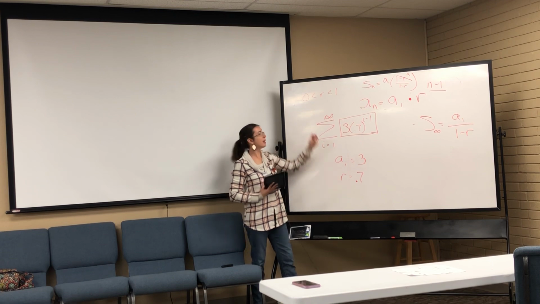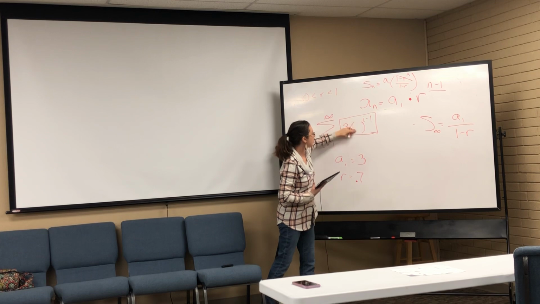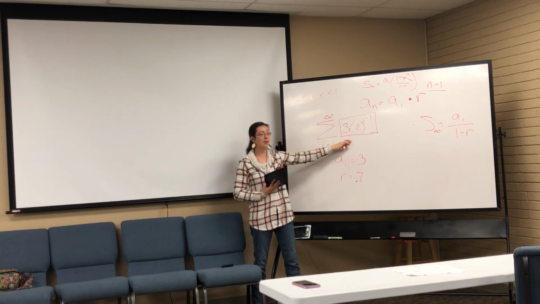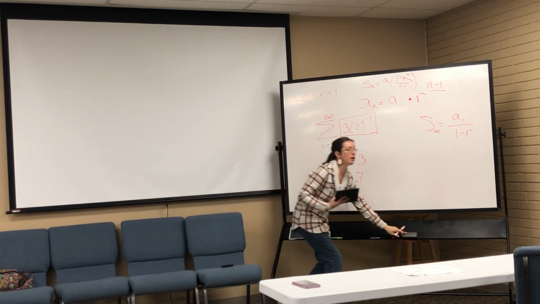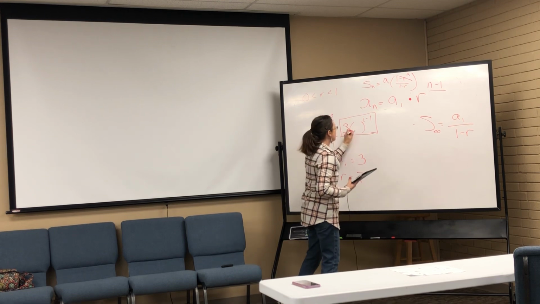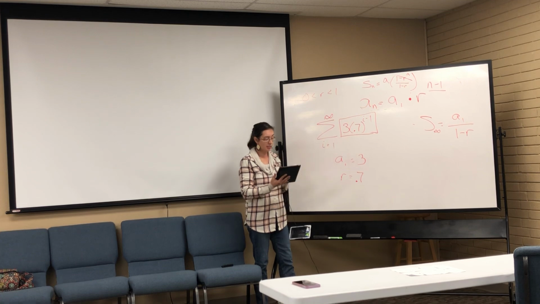It has to be between 0 and 1. Now, if I said 3 times 2 to the i minus 1, can we find this sum? No, because we have an r value greater than 1. But because my r value was 0.7, then yes, we can find the sum. It is less than 1.